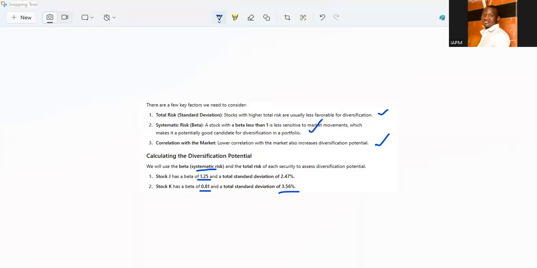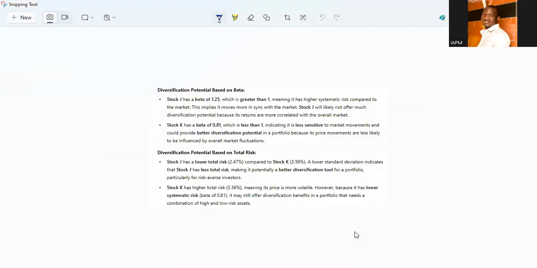So what can we say about the diversification potential? It is based on the data that we have. Let's look at diversification potential based on beta. Stock J has 1.25, which is greater than 1.